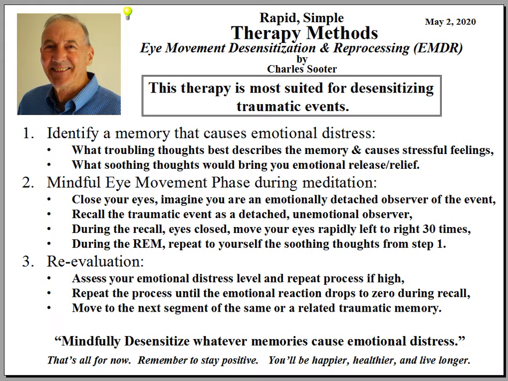If you find that you've suffered from traumatic stress disorder, then you need to seek professional help. But this little simple tool can help you with small problems, small traumatic events that crop up during the day, or some small traumatic events that have occurred in the past that you just haven't been able to separate yourself from. The method is called eye movement desensitization and reprocessing, or EMDR for short.